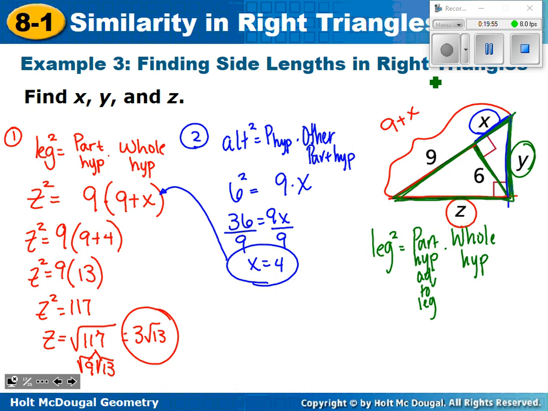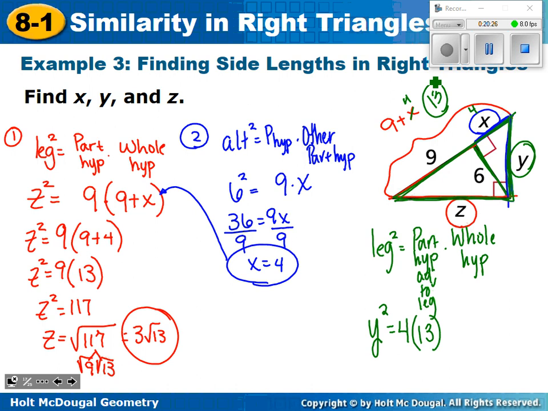All right, so my leg is what now? Y squared equals the part adjacent to it, which is x, which we now know is 4, times, what's the whole hypotenuse? Okay, so now that this is 4, we know the whole hypotenuse is 13. So it's 4 times 13. So remember, it's times in the theorem, but to find your whole hypotenuse, you have to add the parts.